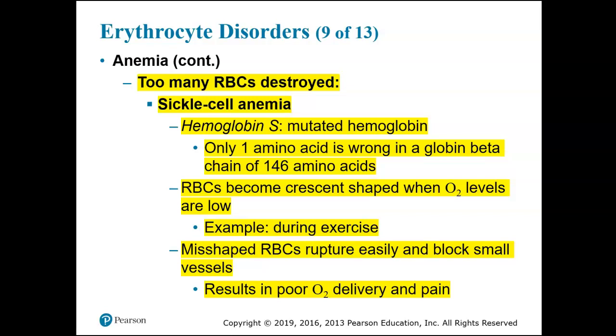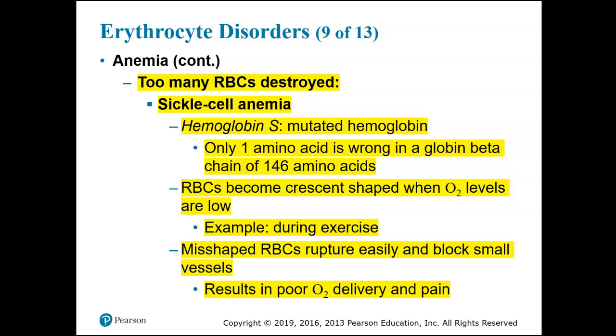Now, with sickle cell anemia, which is also genetic, you have a mutated type of hemoglobin called hemoglobin S, where only one amino acid in the entire molecule is wrong. In 146 amino acids that make up the hemoglobin, only one of them is incorrect.